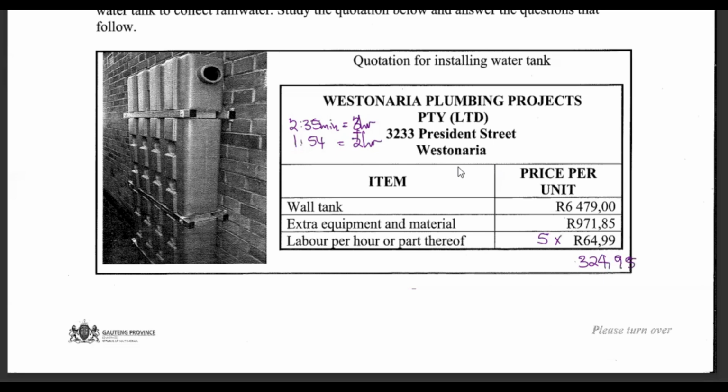So we add up everything. There's nothing much there because extra, it's fine. So we shall add the 6,479 rands to buy the tank, plus 971.85 for extra equipment and material, then plus the labor, 324.95.